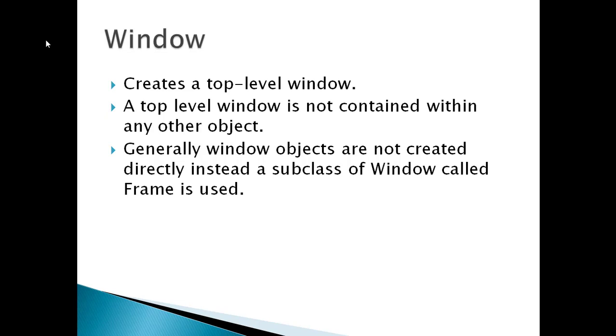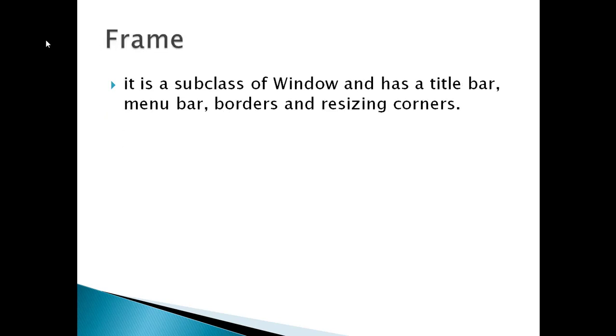Generally, window objects are not created directly. Instead, a subclass of Window called Frame is created. Next class is the Frame. It is a subclass of Window and it has a title bar, menu bar, borders and resizing corners.